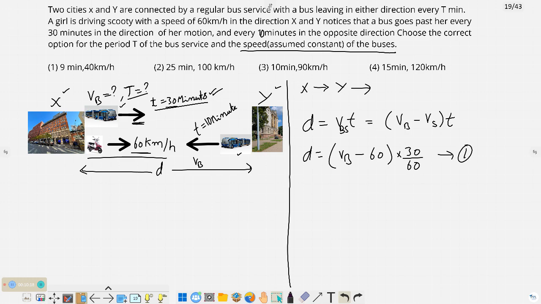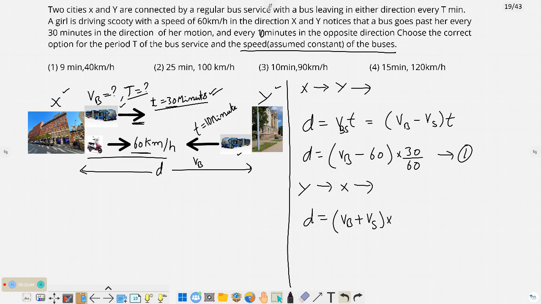Next, the same scooty is facing the opposite buses. Both are moving in opposite directions and covering the same distance between the two cities, X and Y. In this case, the bus is moving from Y to X. The same distance d is covered with relative velocity, and when two vehicles are in opposite directions, the relative velocity becomes plus. So the velocity of the bus plus the velocity of the scooty, into the time taken.